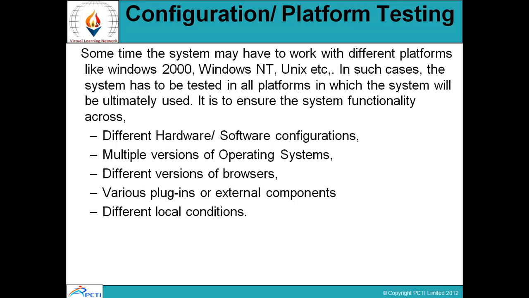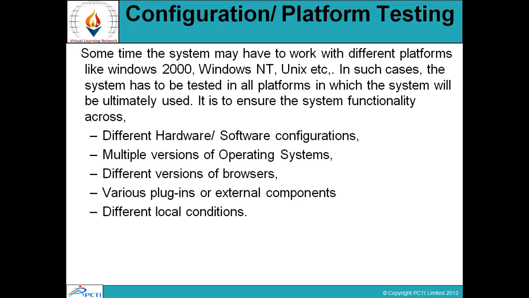The system in which it will ultimately be used must be ensured to have its functionality across different hardware and software configurations, multiple versions of operating systems, different versions of browsers, various plugins or external components, and different local conditions.